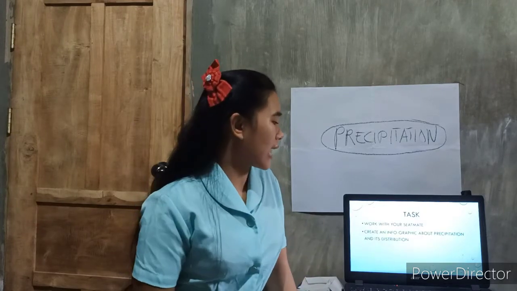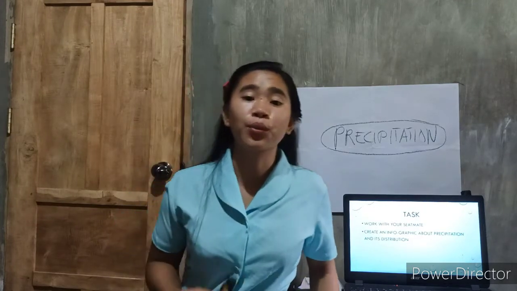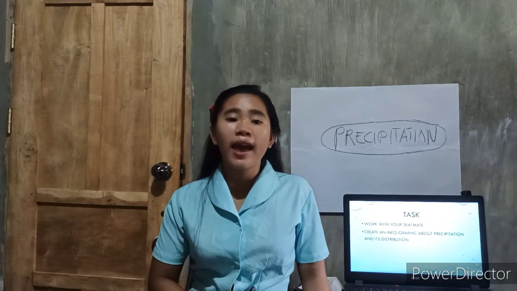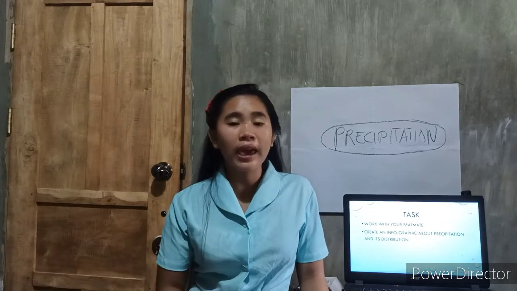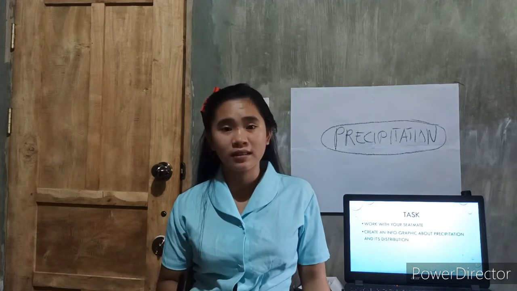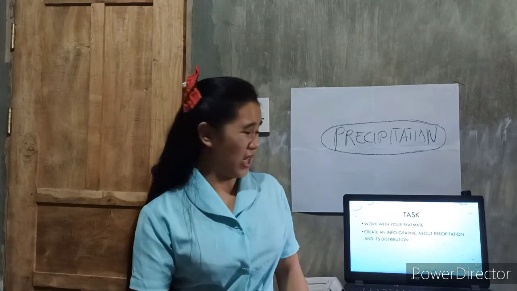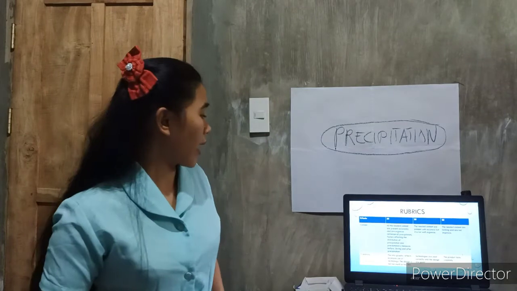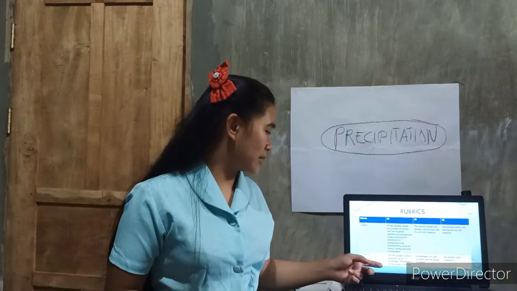For your task, I would like you to work with your seatmate and create an infographic about precipitation. This is the rubric for your activity. We have content and creativity.